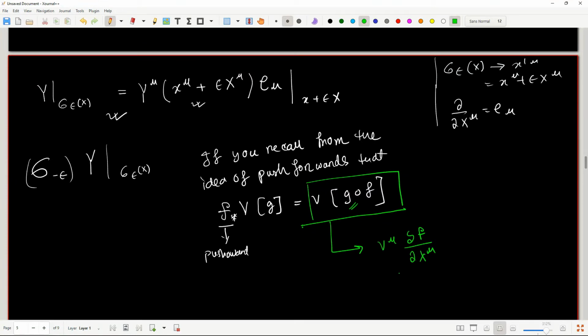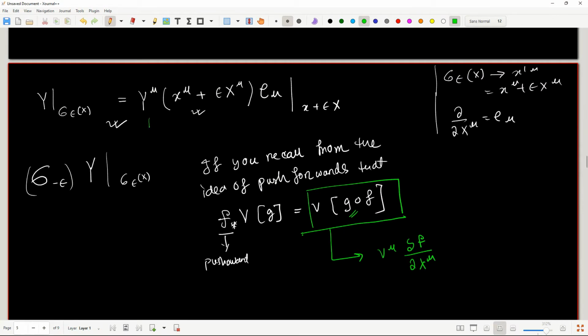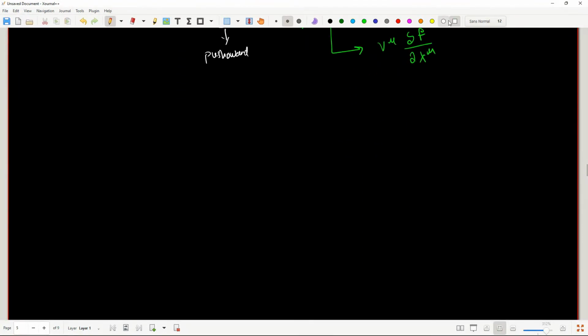Here we will face the same thing. But first, you can see that here you can make a Taylor expansion as well, because this epsilon is a small parameter. So let's be done with that first. So again, I write this. Let's call it mu.